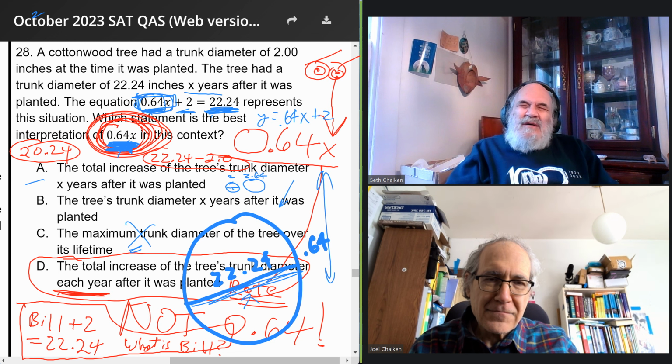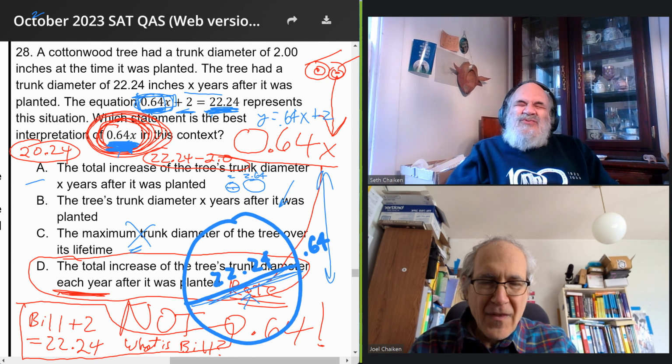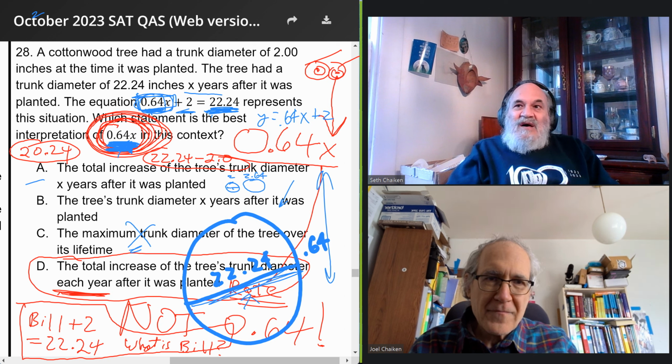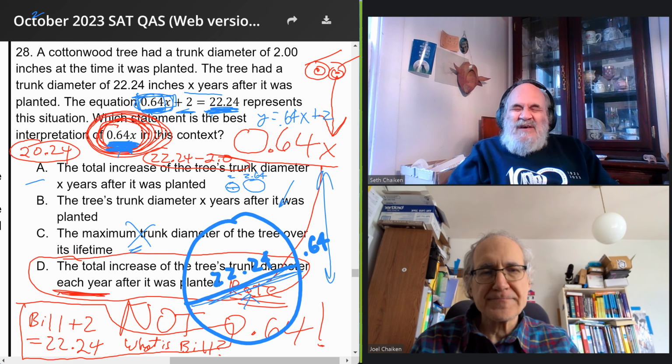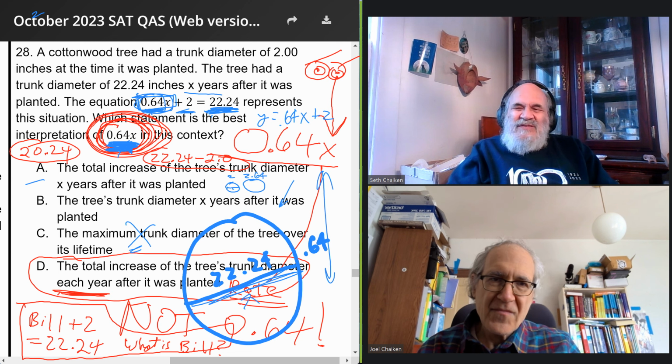If you look at the ring structure of a log, if you look at a cross section of a log, you see the rings, and my recollection is that at least most of the rings vary from year to year, thicker ones and thinner ones, but the thickness goes up and down.